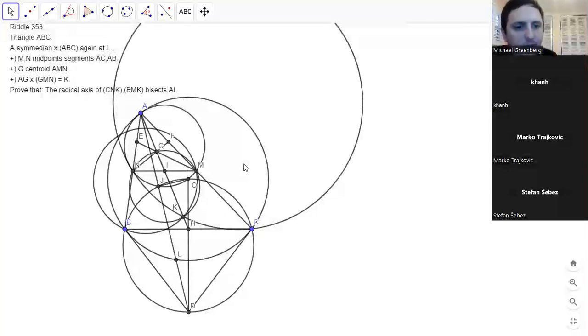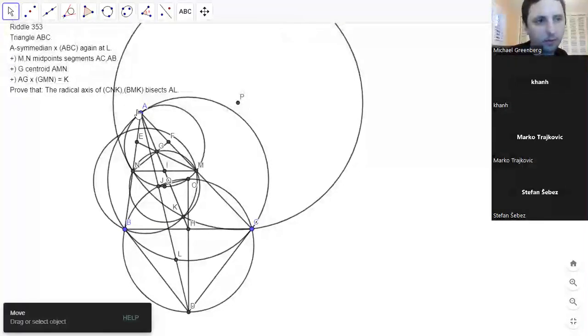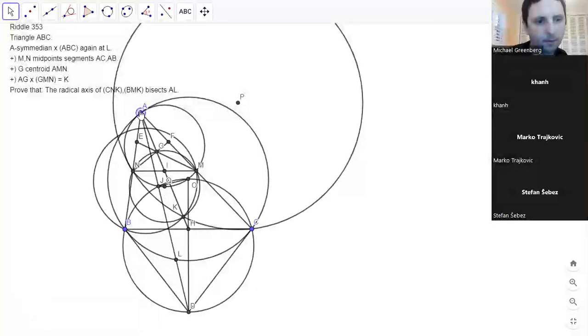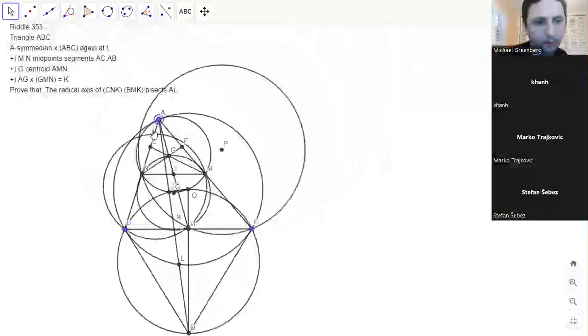Maybe we could use Casey's theorem. So I just don't know the centers of those circles. Yeah, Casey's theorem might be tricky. Well, maybe not actually. So let's draw, what's the center of this circle right here? Q. Does that lie on the other circle necessarily? I don't think so.